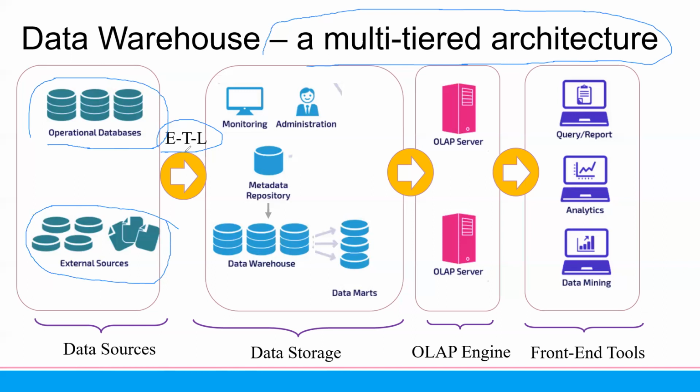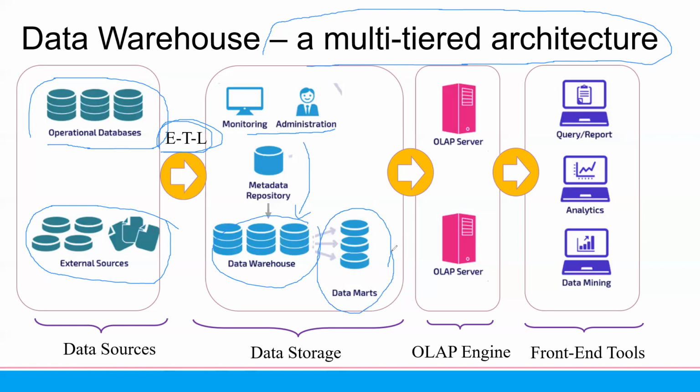And after we do the ETL, we will check the data. So some people or some administration officer will monitor the data, and then we'll check the metadata repository. So what kind of data you need to store, what kind of data you need to save. And we have this data warehouse. We will put it into the data marts.